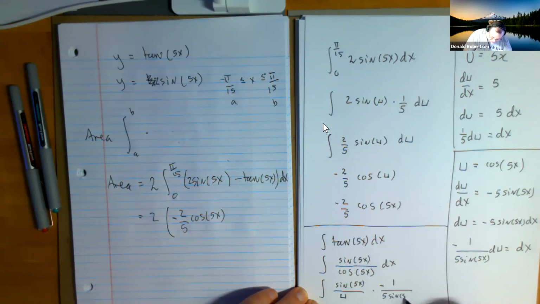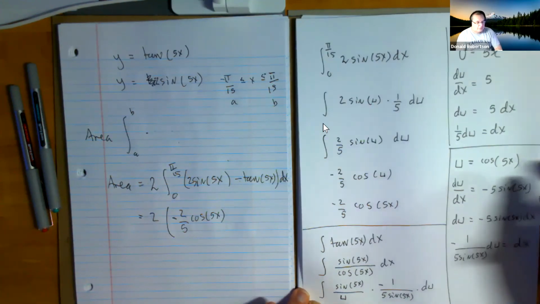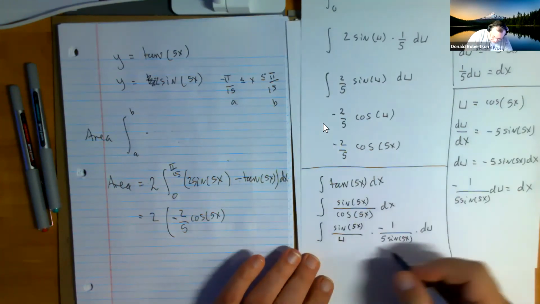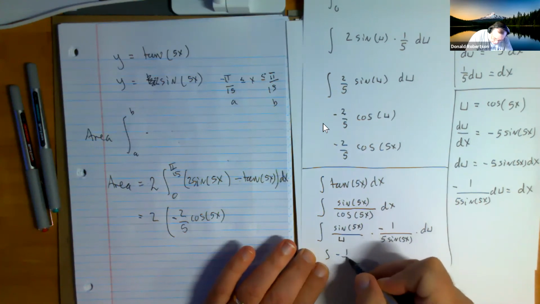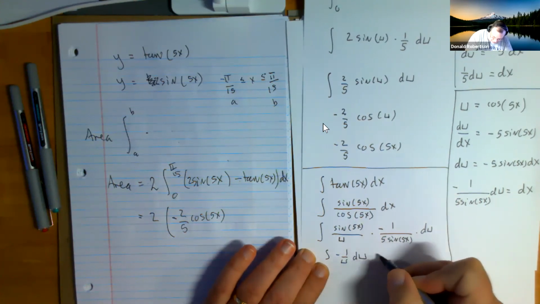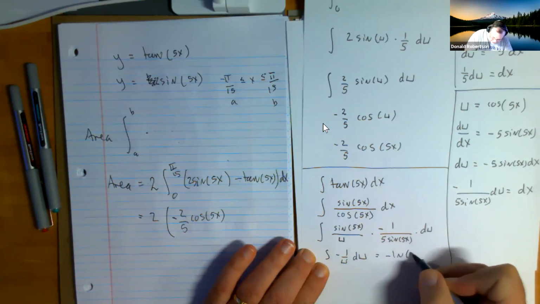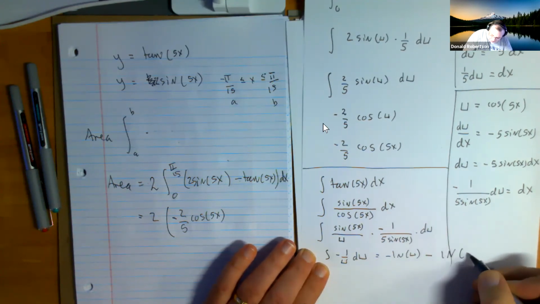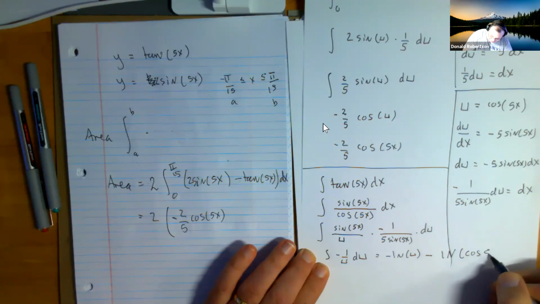If you tried the other version, and you can do the working for it to convince yourself, but it doesn't cancel, right? You don't get rid of the cosines, you just end up with another one. Now, in this case then, that becomes negative 1 over u du, and isn't that negative the natural log of u, which is negative the natural log of the cosine of 5x.